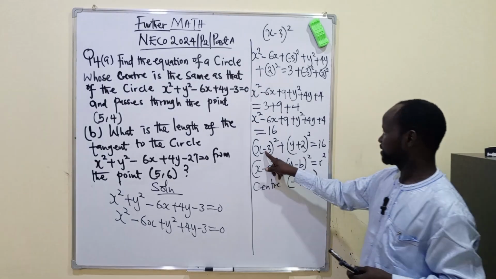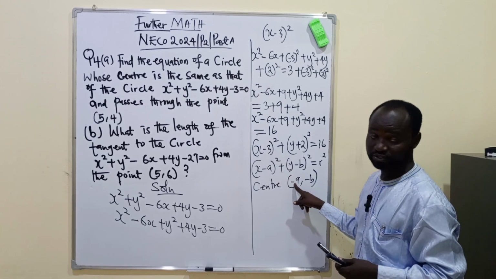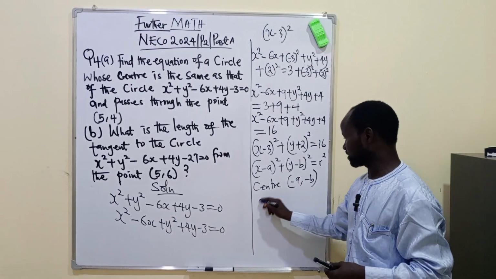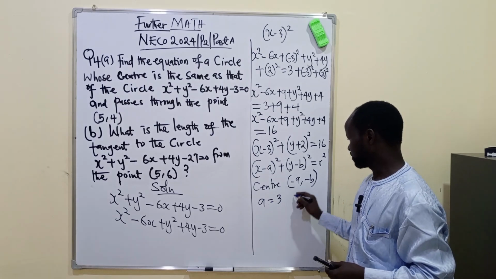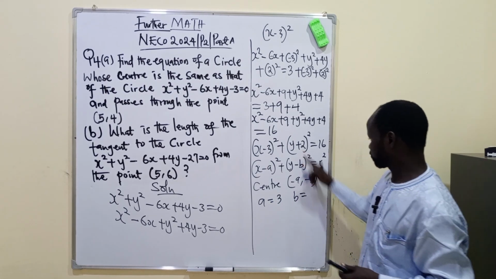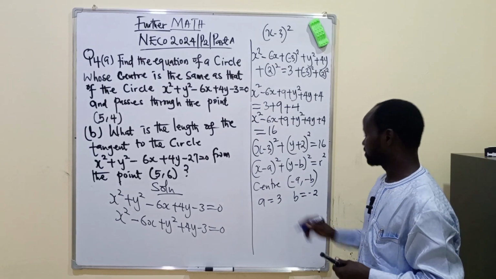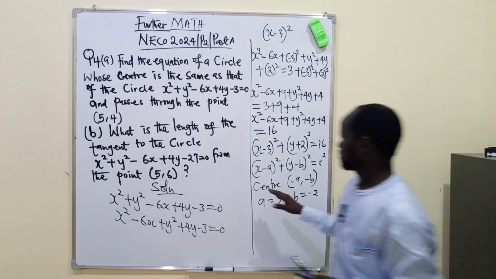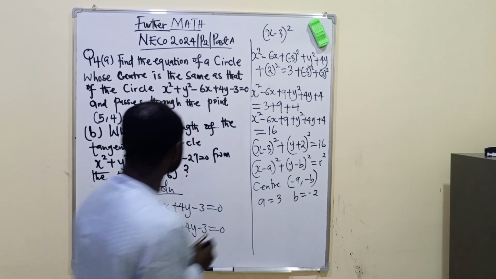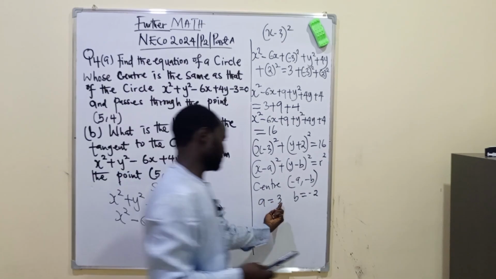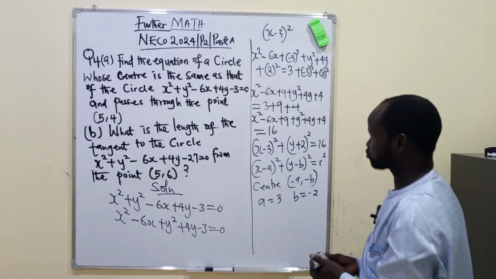So by comparing, minus 3 will equal minus a, so a will be 3. Then plus 2 equals minus b, so of course b will be minus 2. So the center of this circle, which is the same as the circle that we are asked to find the equation of, is given as 3 comma minus 2.